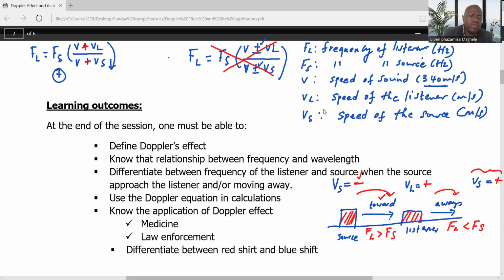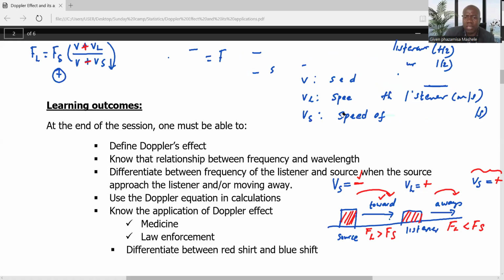Right. Without wasting time, guys, without going through the examples, let me first talk about the applications of Doppler's effect. Then after the applications, we'll talk about the difference between red and blue shift.